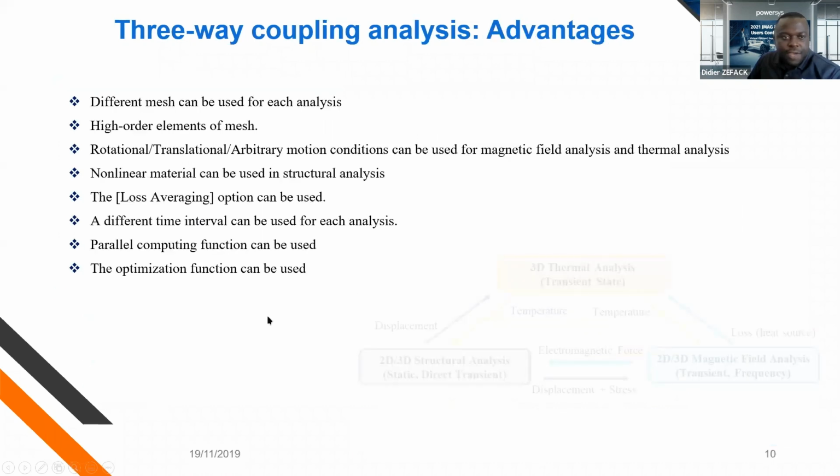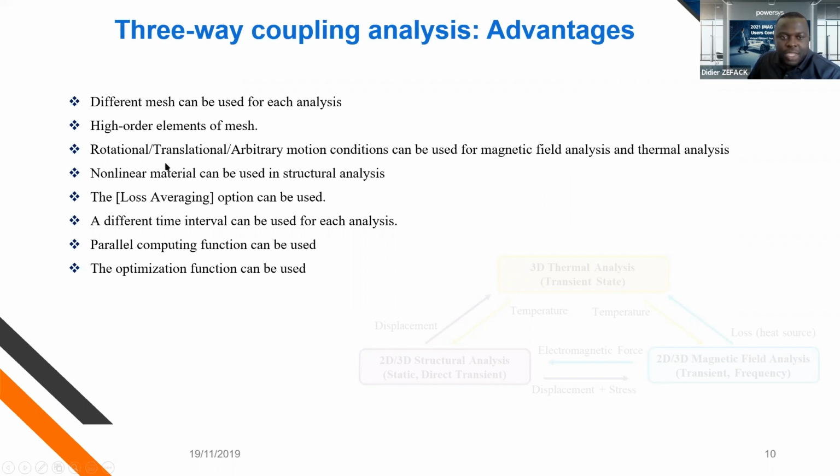So regarding the advantages, different meshes can be used. You can also define high order elements, so first and second order elements, in the thermal or structural analysis. You can define rotation, translation, arbitrary motion conditions only on the magnetic and thermal, but not in the structural.